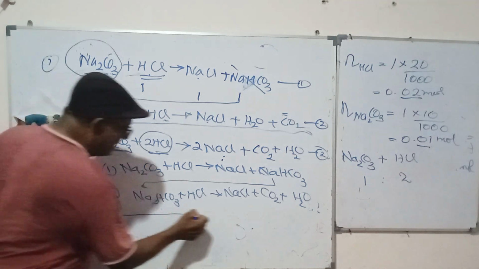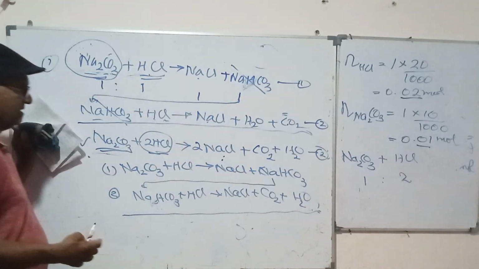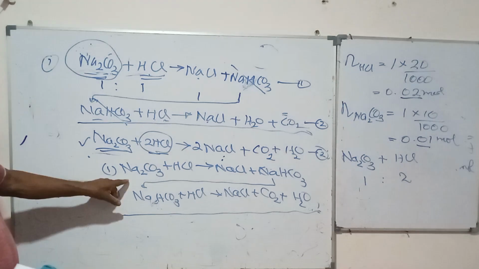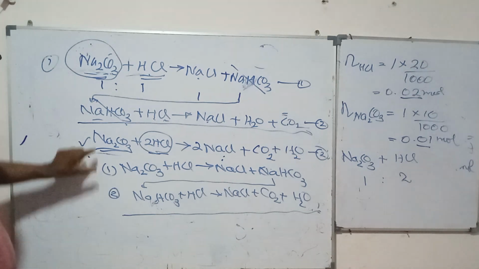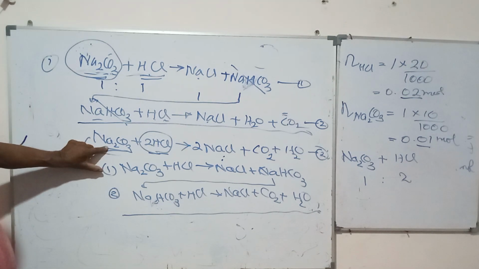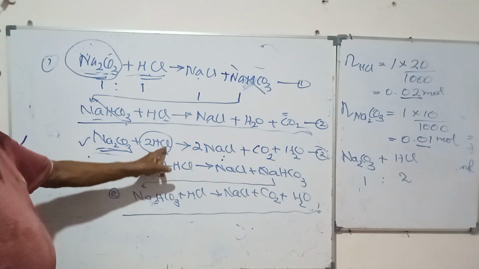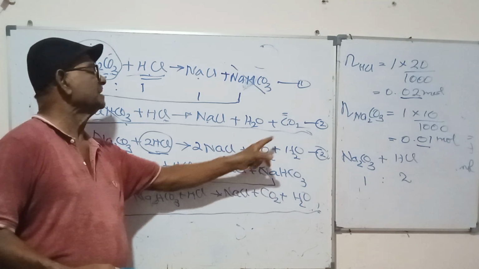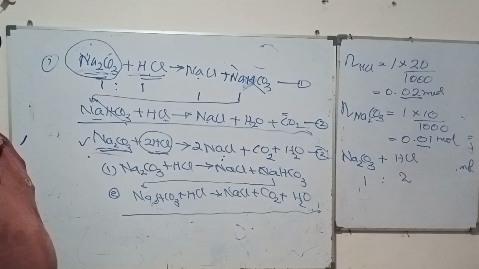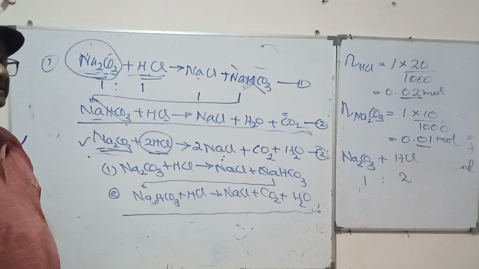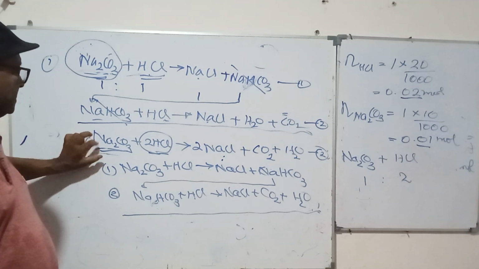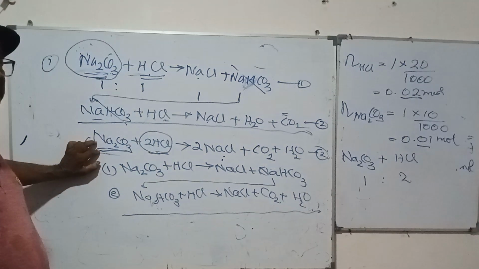Then to obtain the final full reaction, we must add these two reactions. Generally, this is the final reaction: sodium carbonate plus 2HCl gives sodium chloride and carbon dioxide and water. Generally, if the reaction gets completed, this should be the final reaction. Right?